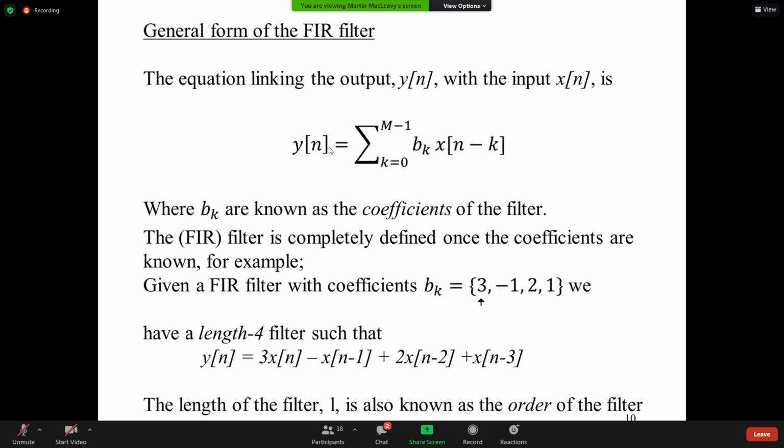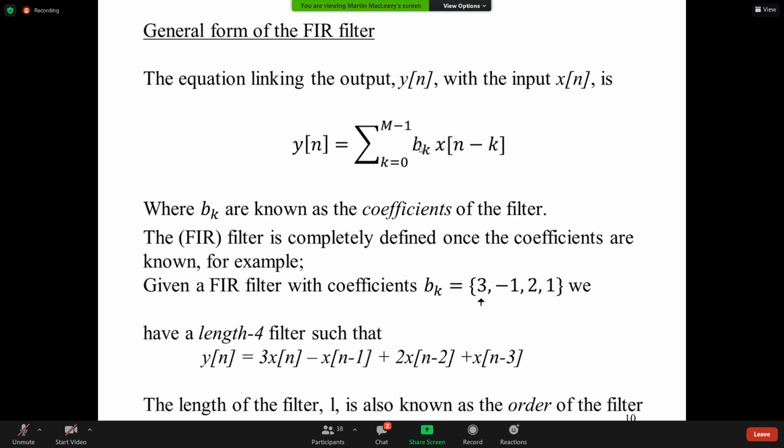We notice that the output from our FIR filter will be a limited number of values, so the sum goes from k to n minus 1. If it wasn't a limited number of values, then this value would be going away to infinity.